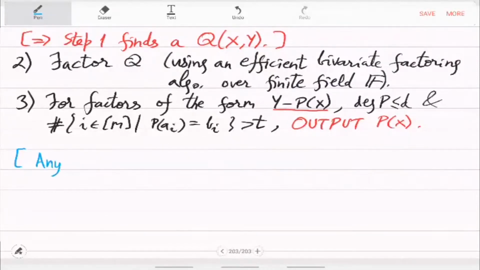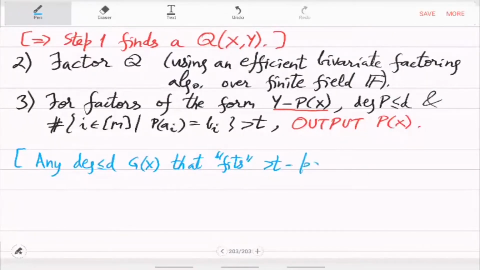So the reason is any g(x) that fits greater than t points will satisfy the following property.